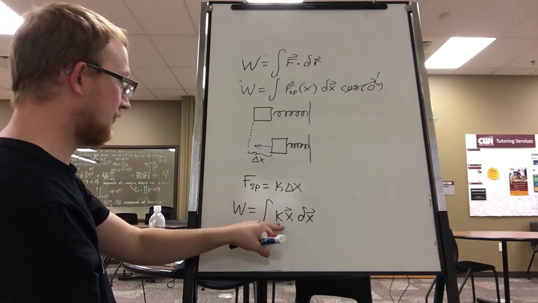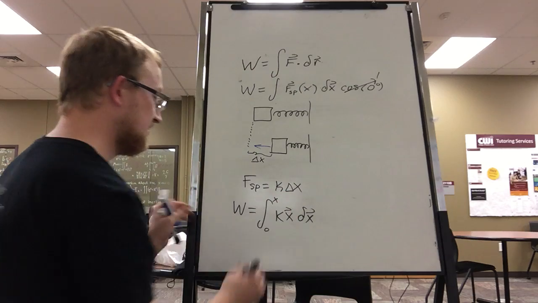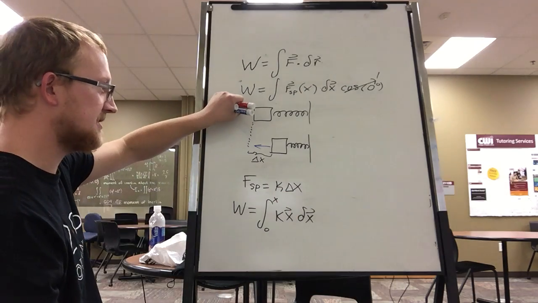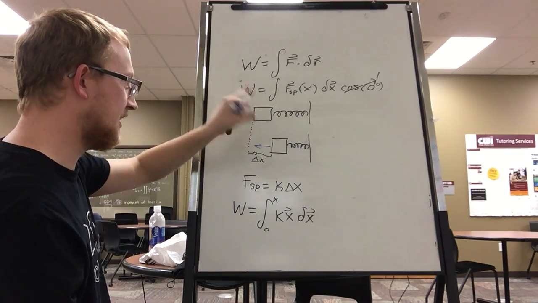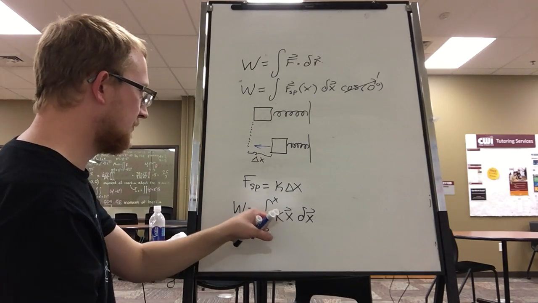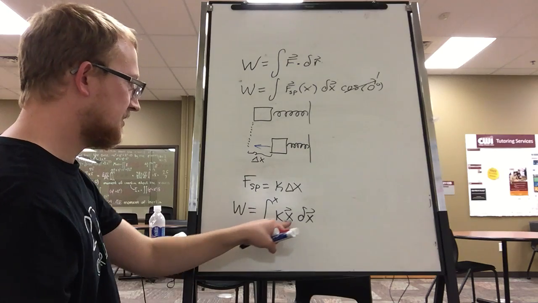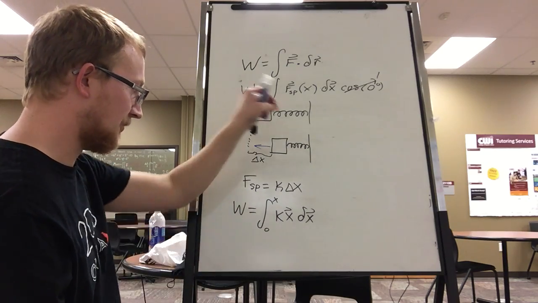And we're going to compress it from 0 to x. So in other words, from when the spring's uncompressed to where we finish is 0 to x. That's how we're going to define it. And of course, k doesn't get acted on by the integral because it's a constant. So the integral of x is x squared over 2.